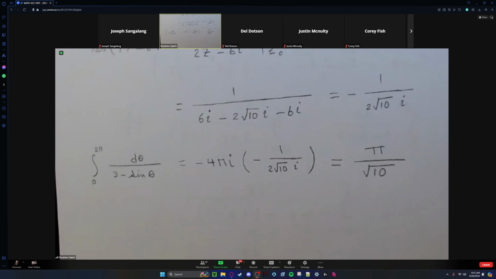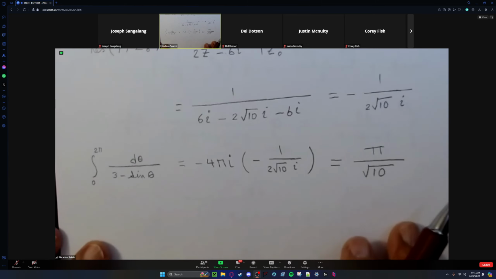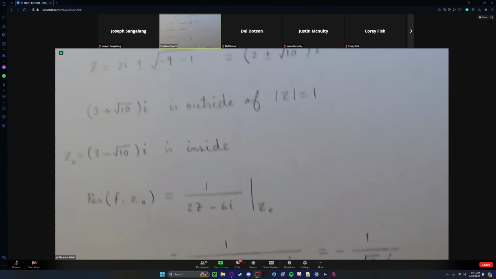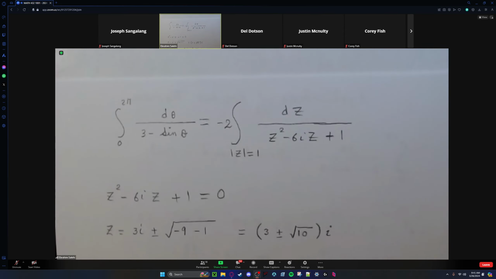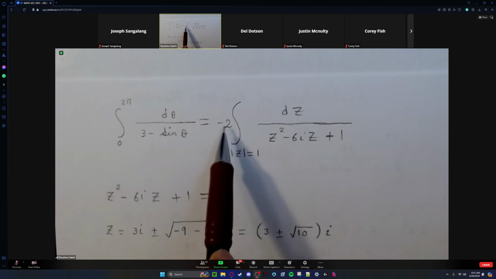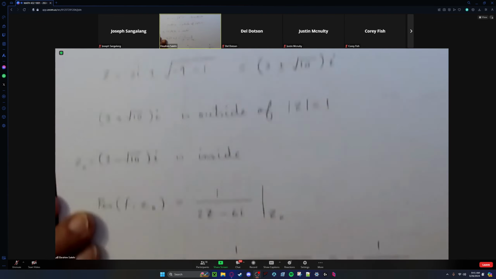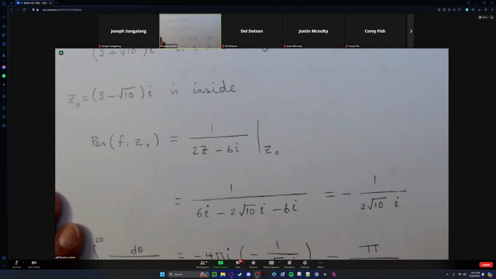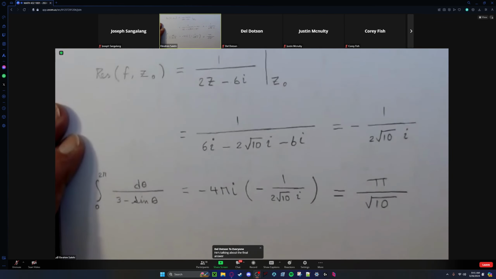Wouldn't it be 2 pi? Let's see. Yes, I had 2 pi and another negative 2 outside of the integral. That is why it became negative 4 pi i. I included that negative 2.